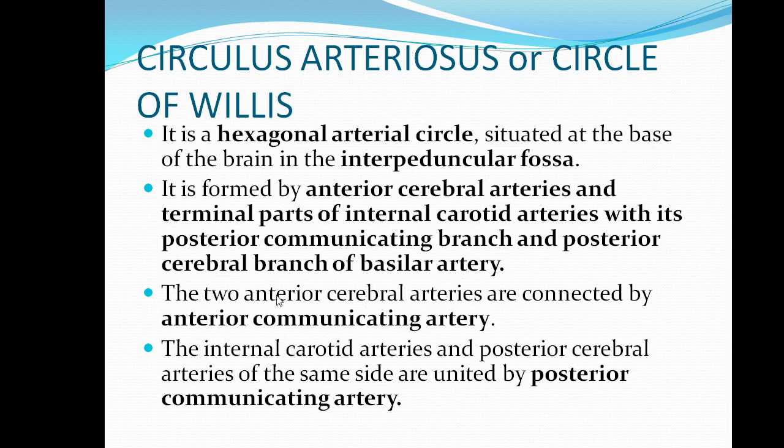The two anterior cerebral arteries are connected by the anterior communicating artery. The internal carotid arteries and the posterior cerebral arteries of the same side are united by the posterior communicating artery.